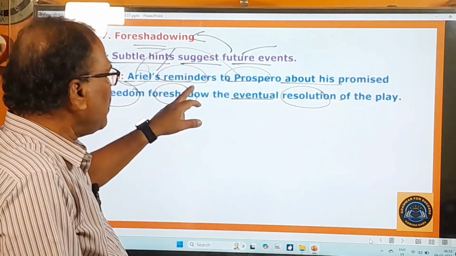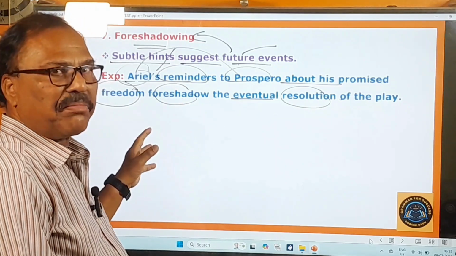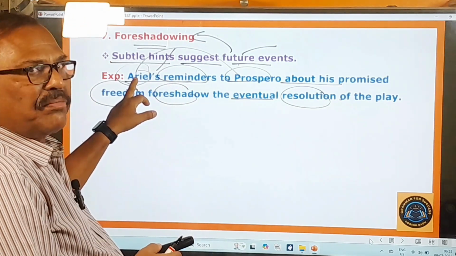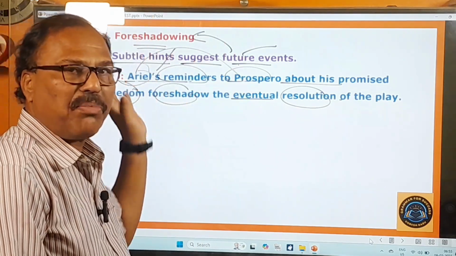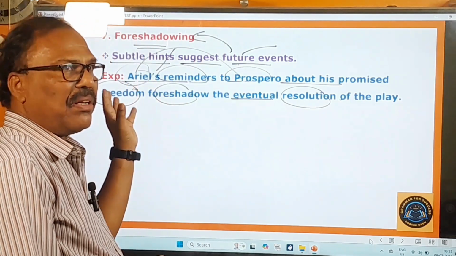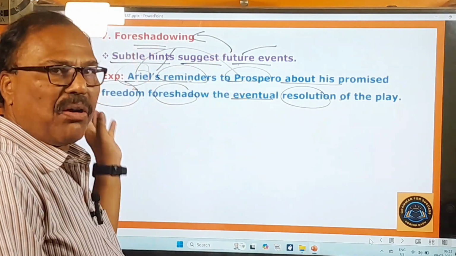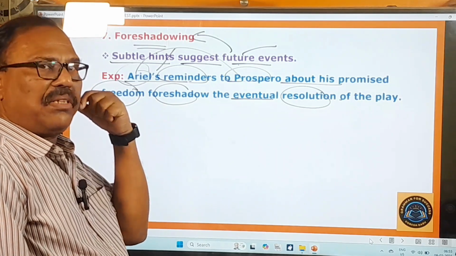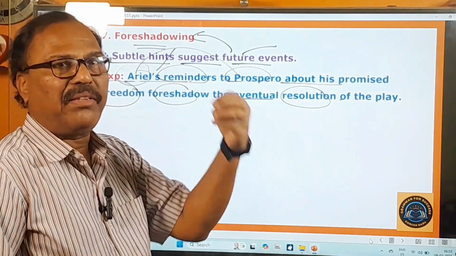Ariel reminds Prospero of its future promised freedom. This Prospero promised freedom for this Ariel, and this Ariel reminds this Prospero of that promised freedom. So whenever this Ariel reminds Prospero of its promised freedom, the audience will come to know, oh, definitely this Ariel is going to be given freedom at the end of the play.